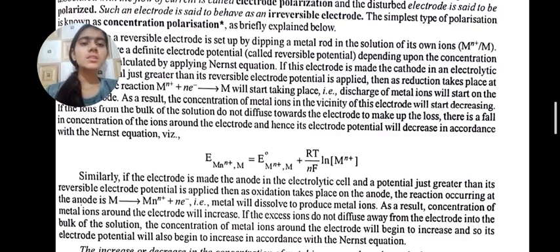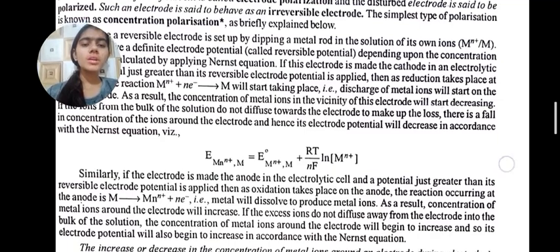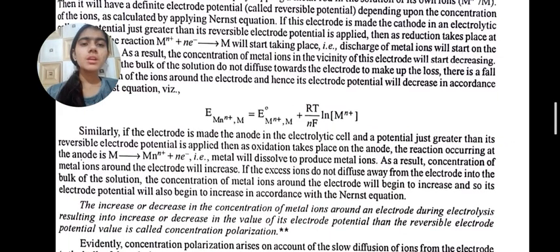As a result, the concentration of metal ions around the electrode will increase. If the excess ions do not diffuse away from the electrode into the bulk of the solution, the concentration of metal ions around the electrode will begin to increase, and so its electrode potential will also begin to increase in accordance with the Nernst equation.